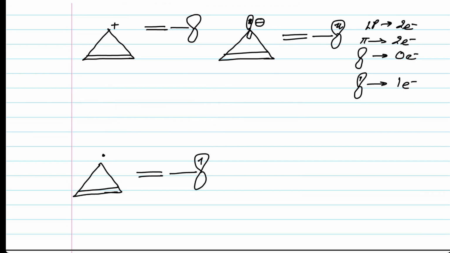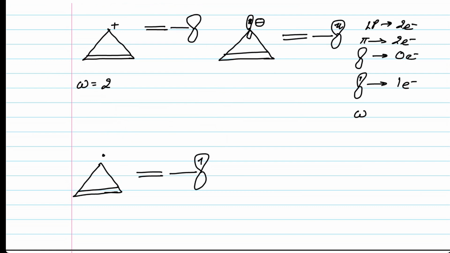For example, in the first case, the number of electrons taking part in cyclic conjugation, which we can represent by a symbol omega. So in this case, omega is equal to 2, because here we have a pi bond and an empty orbital, so the number of electrons taking part in cyclic conjugation is 2.